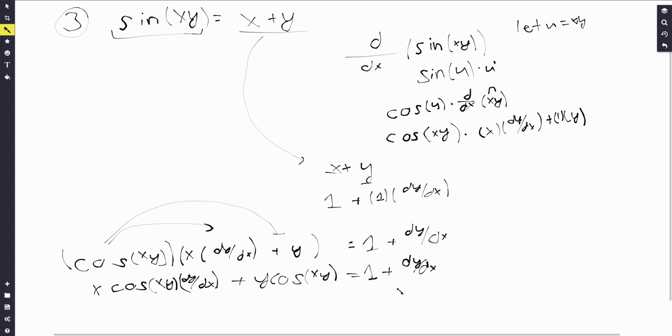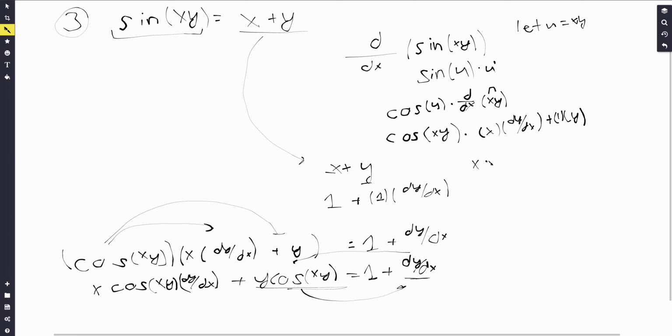Okay, what you would do after this is move this dy dx term here that we have to this side, and we want to move this term that does not have a dy dx into this side. So what we would have to do, I'm just going to write it right here now.